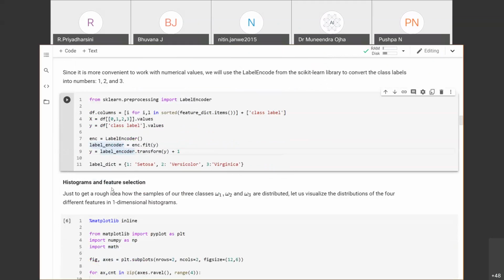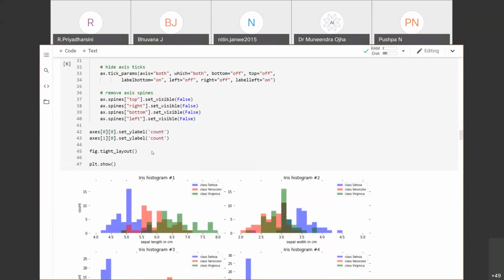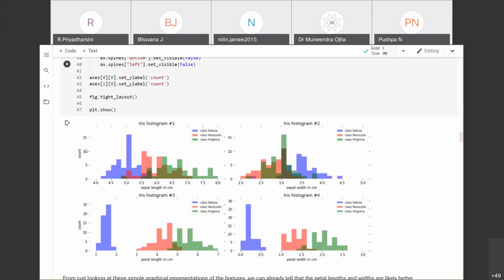The histogram and feature selection we see just to get a rough idea of how the samples of our three classes W1, W2, W3 are distributed. Let's visualize the distribution of four different features in a one-dimensional histogram. So just to get this histogram, we have done it on the basis of four features.